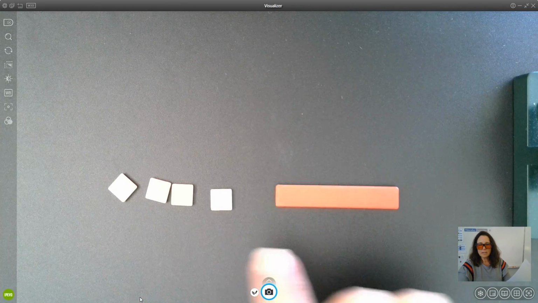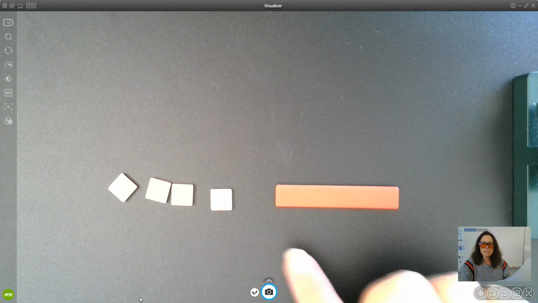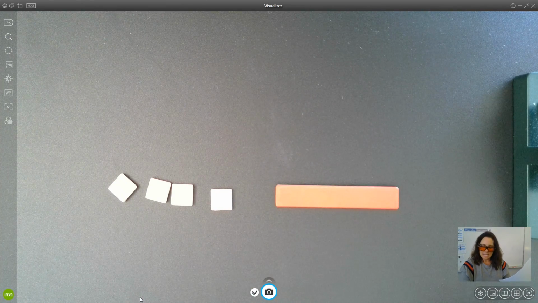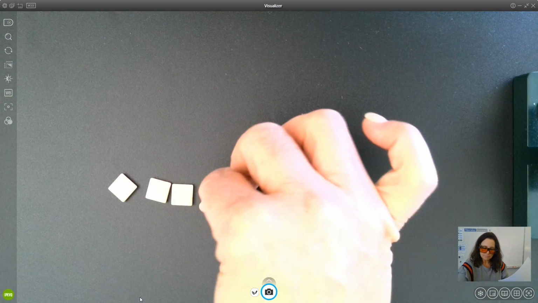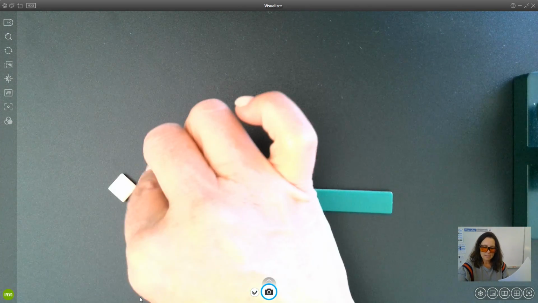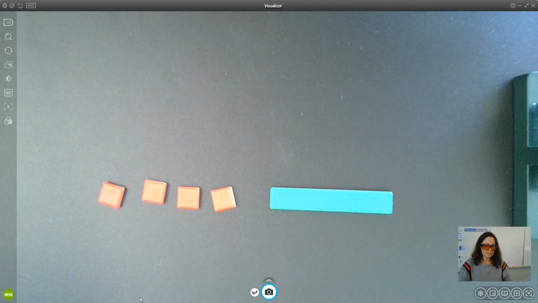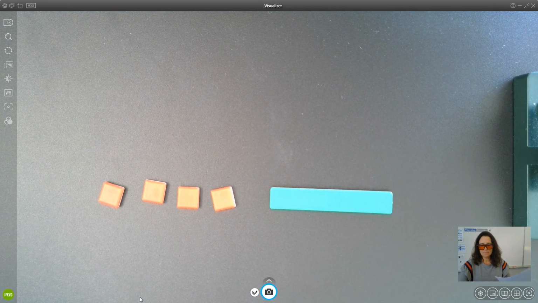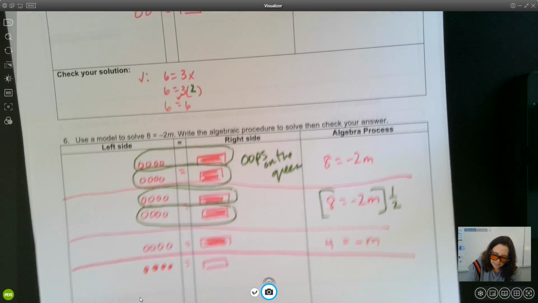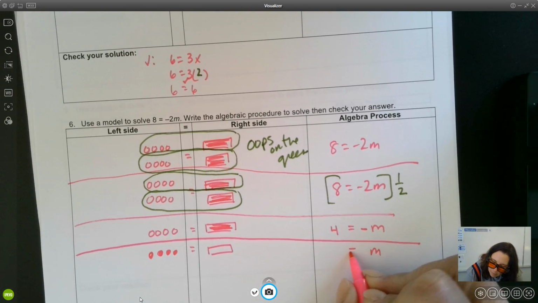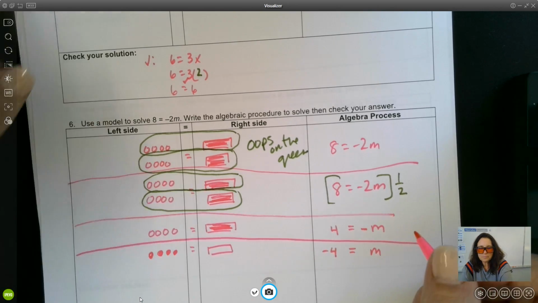Well, if I come in here and take the opposite of all this, multiply all this by a -1, wouldn't I have positive M and 4 negatives? So this would be a positive M equal 4 negatives.